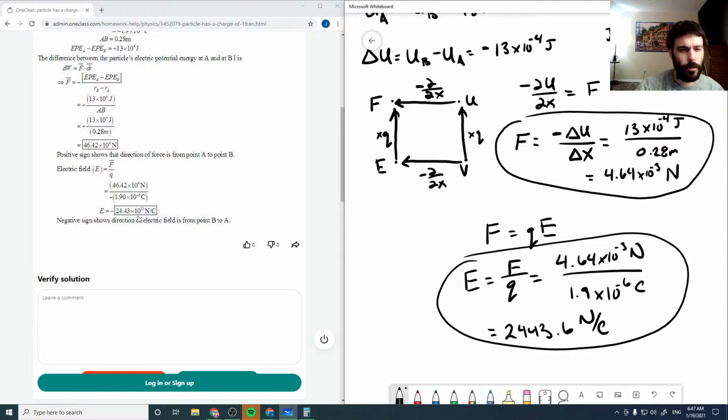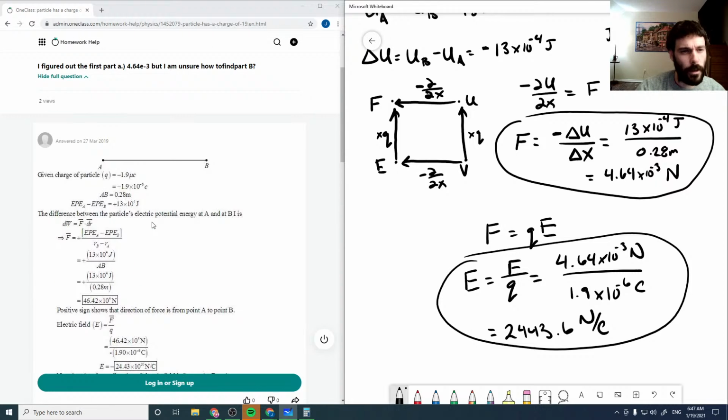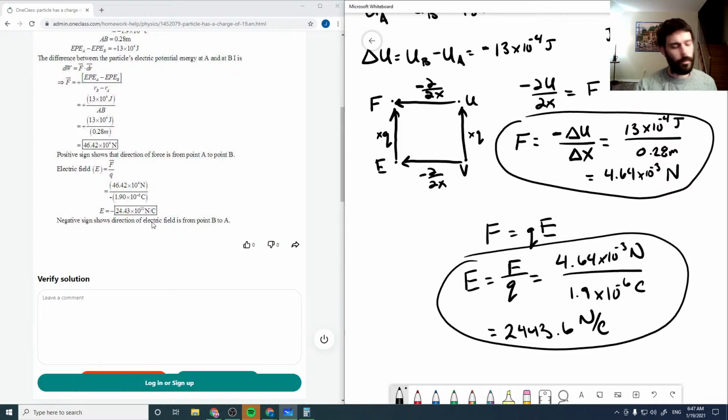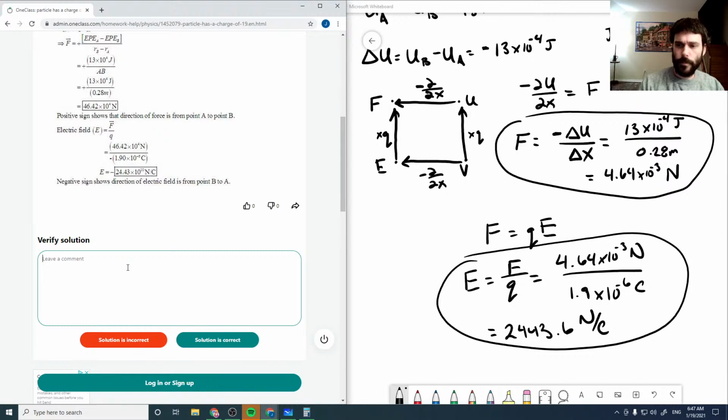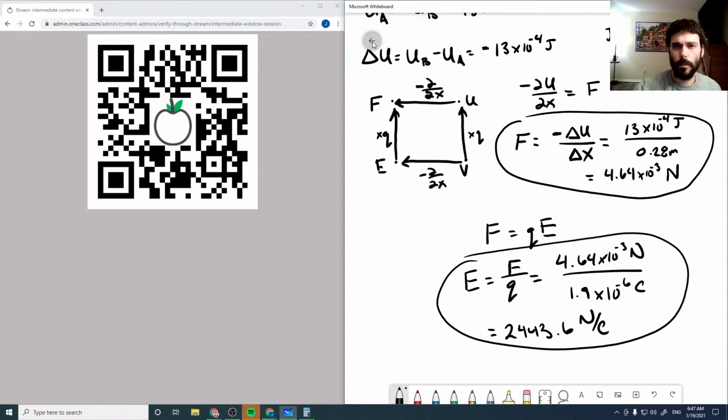The E field should be from B to A, taking things in the proper direction. So all the numbers are coming out similar, but I'm just going to say several sign errors and exponent errors. And I'm just going to say it's incorrect.